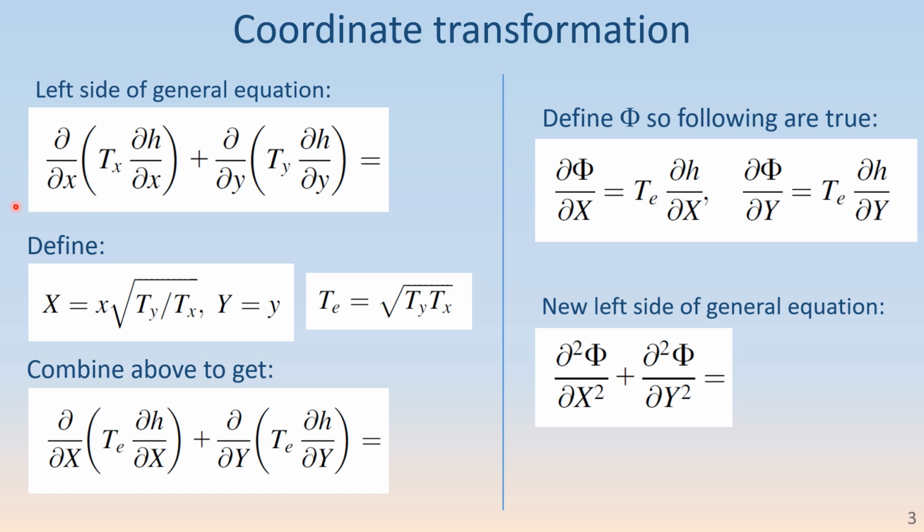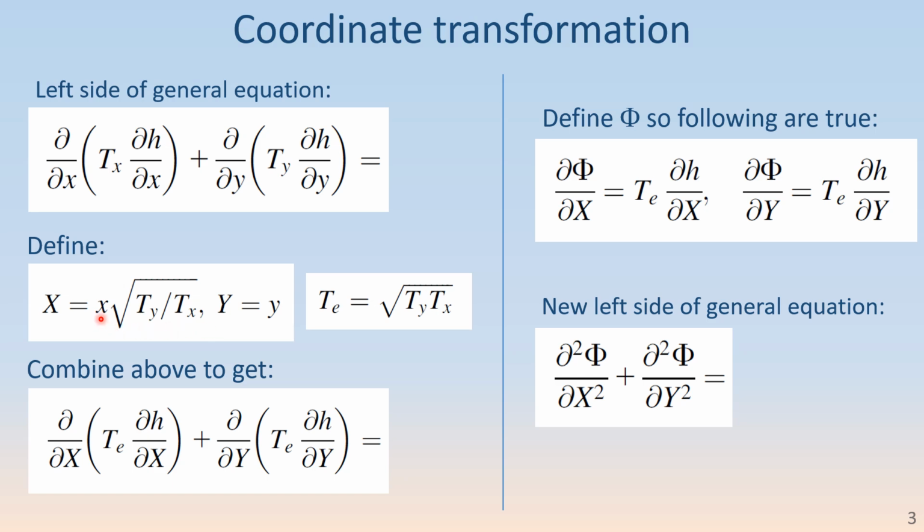So our coordinate transformation is this second line where capital X and capital Y are defined in terms of the real coordinates little x and little y. Y is unchanged in this particular formulation of it. There are multiple ways to skin this cat, but this is how I've done it.